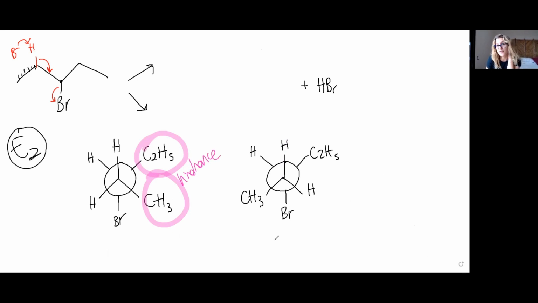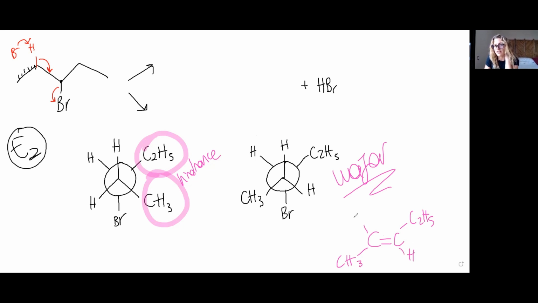So it's less favorable. While here the groups are on opposite sides, so there is less hindrance between these groups, so it's going to be a much more favorable conformation, which means that this one overall would give us the major product. And the major product is most likely, pretty much all the time, the E, because the groups are far away from each other, so we know already that there won't be any hindrance.